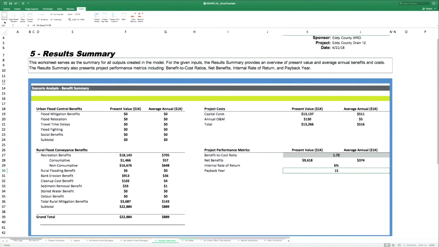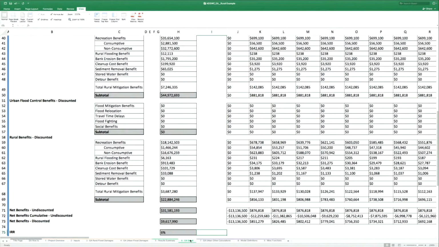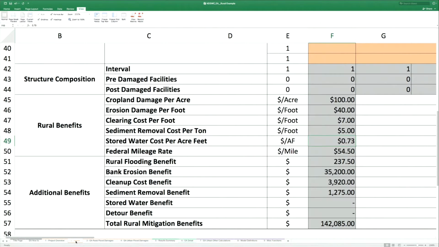Okay. Any questions on the rural example before I move to the urban? Yeah, in the back there. On this screen, I saw a cost in there for the federal mileage rate. $54.50 a mile. That's the new federal rate.